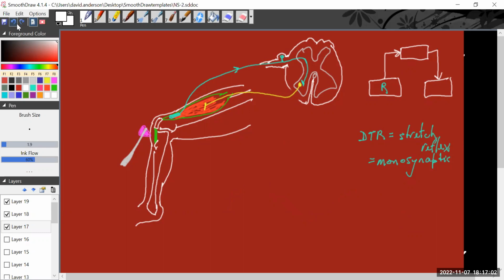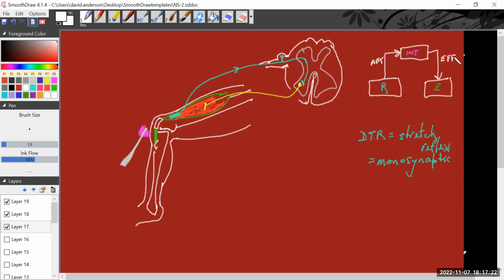So let's try to label. And we've got an afferent pathway, and we've got an efferent pathway. So we have 5 segments here.